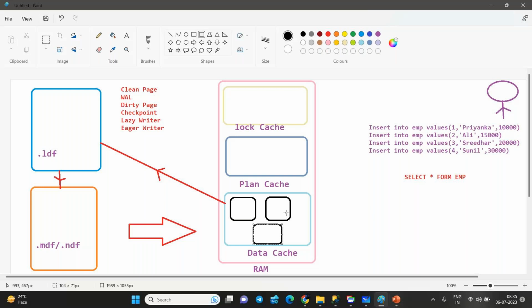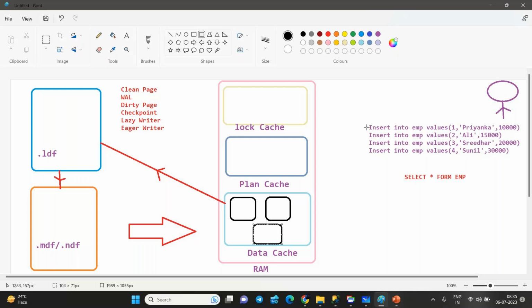Later, in a fraction of a second, everything got allocated. The pages are ready, CPU is ready, IO is ready, everything is ready. Okay, let's start the insert. Now it will insert the data.